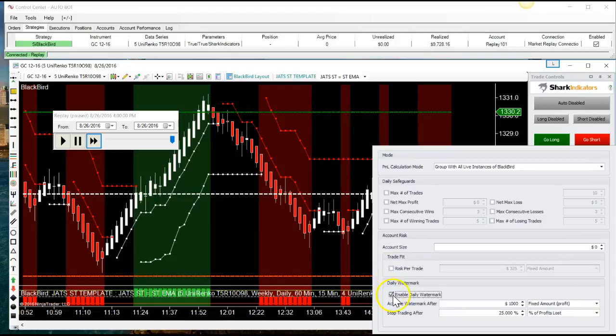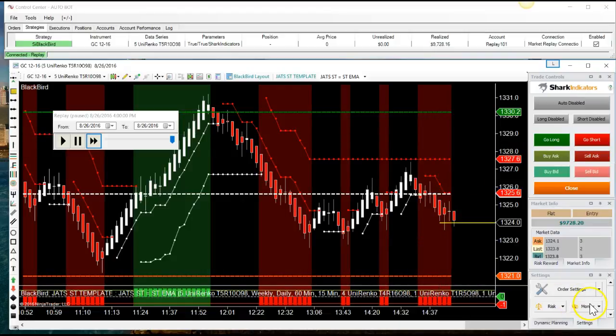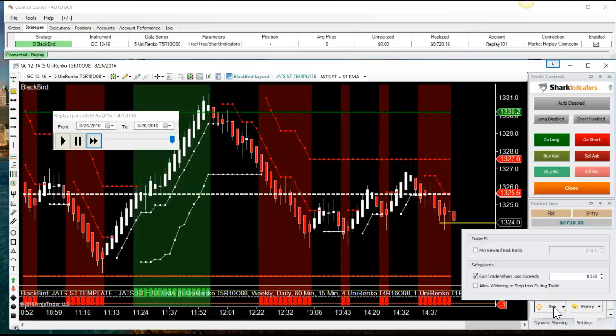There are so many different settings. You can mandate that there's a 2-to-1 ratio. So sometimes these trades won't even fire off if there was not a 2-to-1 ratio available. It will ignore the trade.